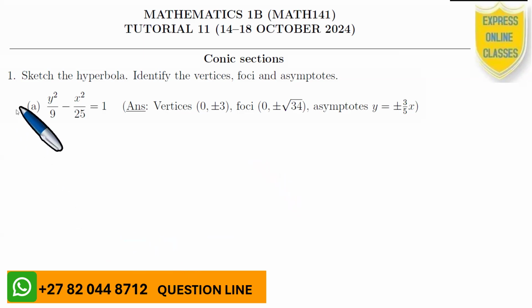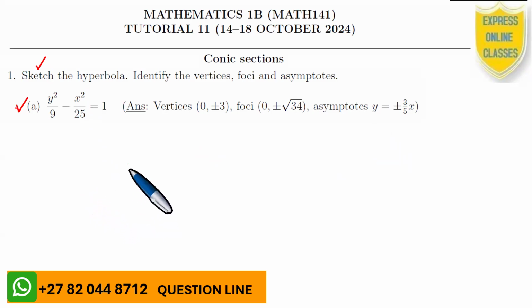In part A, you have y squared over 9 minus x squared over 25 equals 1. We want to determine the vertices, the foci, and also the asymptotes. But most importantly, we need to sketch the hyperbola and identify those features.